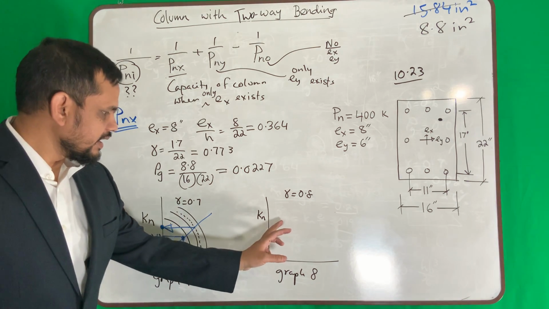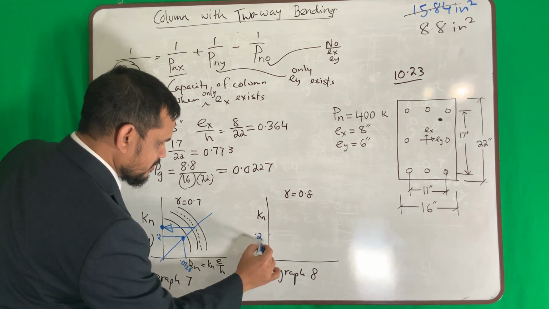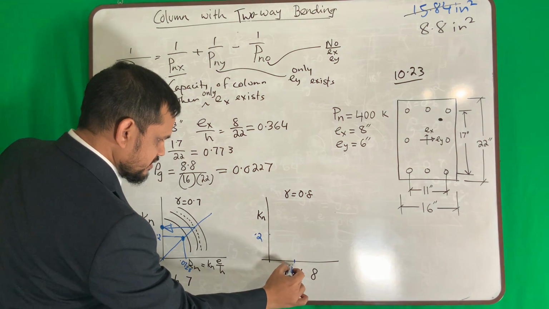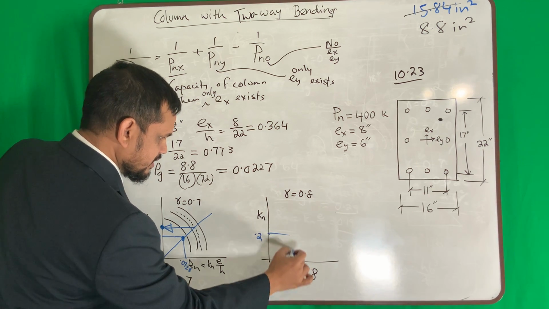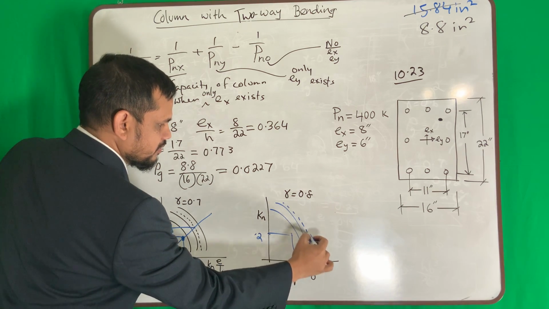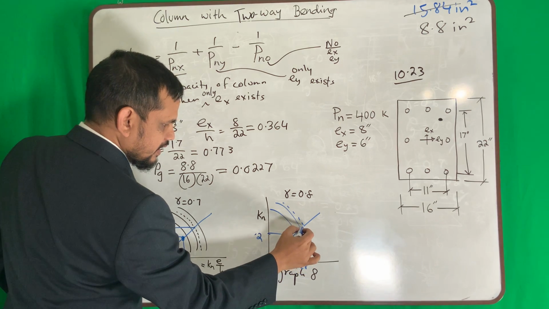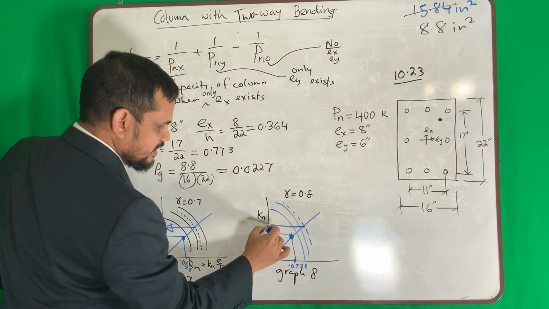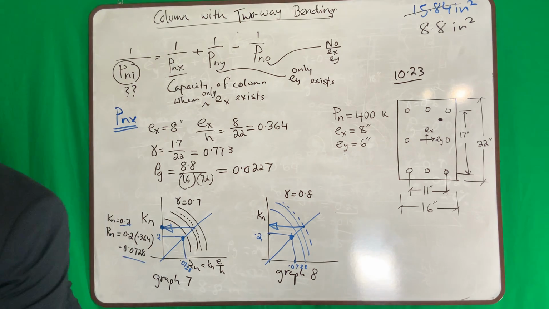Same thing here. Locate 0.2, locate 0.0728, say it is here, and 2.2% is here. Draw this line, and where it intersects, that is my target.